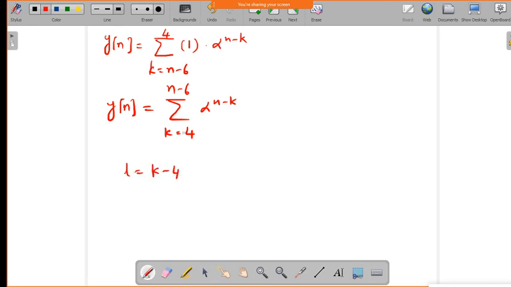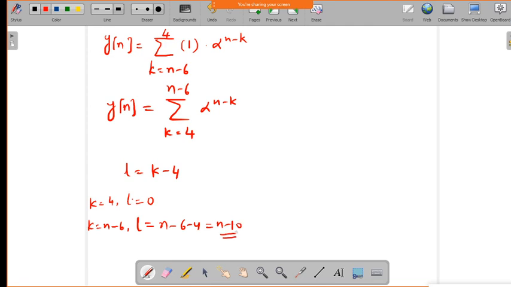So when k equals 4, L becomes 0, and when k equals n minus 6, L equals n minus 6 minus 4, which is n minus 10.